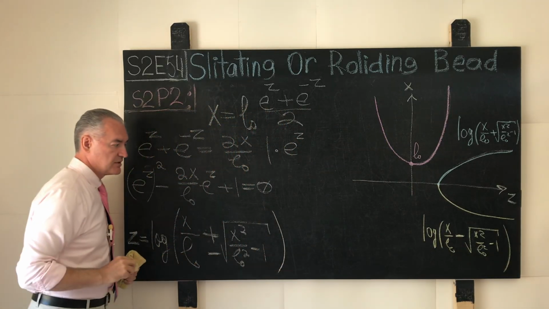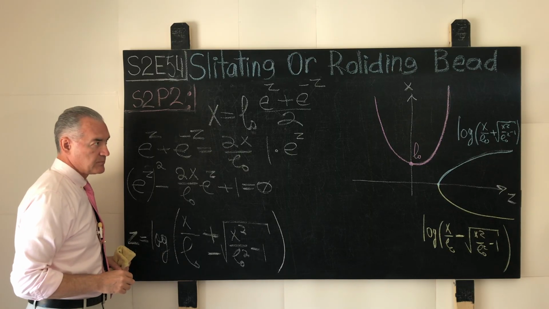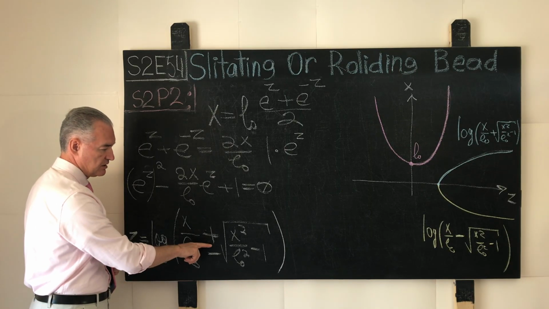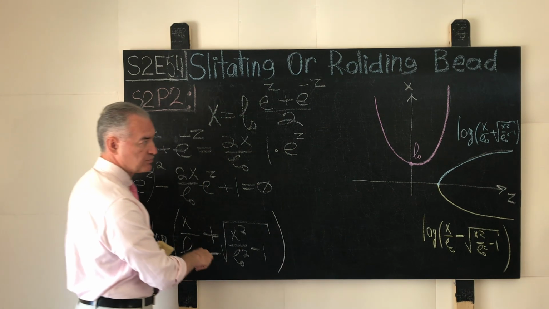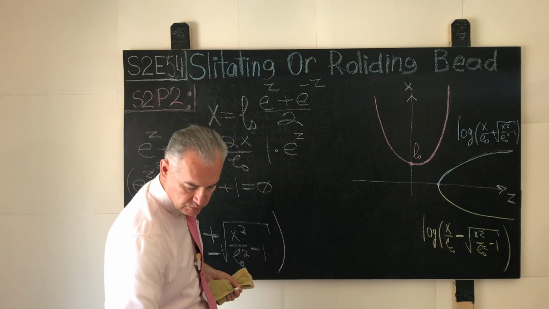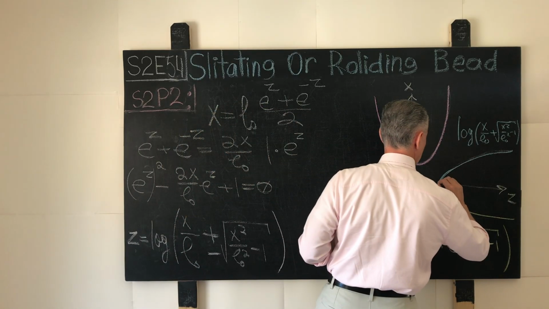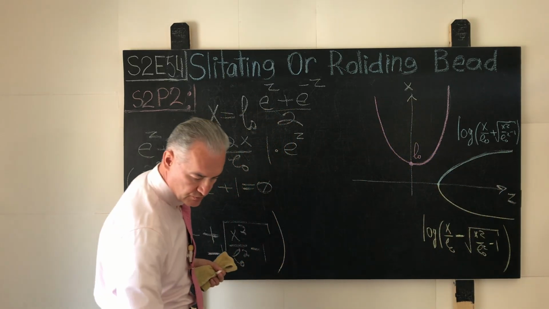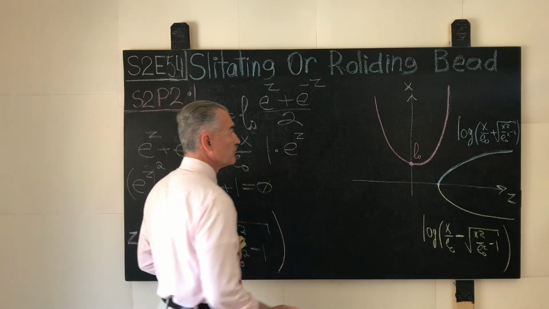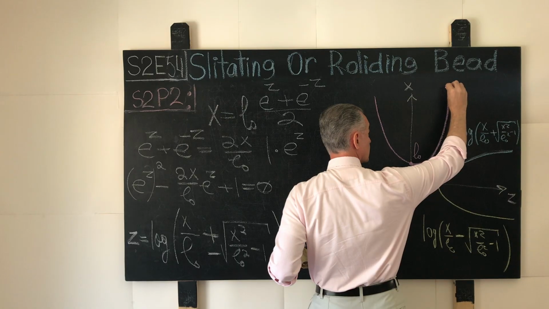I'm not sure if that's convincing for you guys. If not, let's have a discussion in the comments. But the idea here is that we take the positive sign, which represents this blue branch, this part, which corresponds to the change of the x coordinate this way.